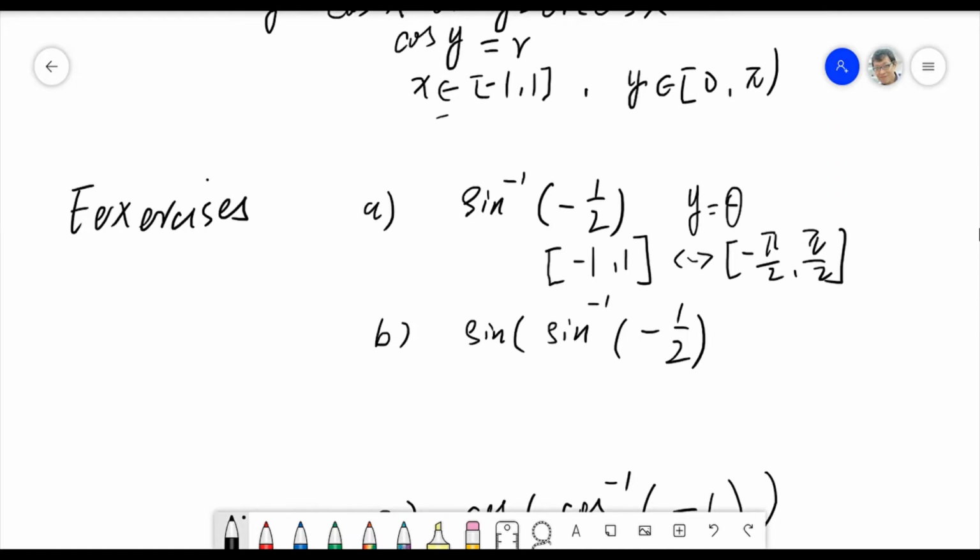Since we remember this, we can write the angle as y equals negative pi over 6. If you want to recall why, remember, let me draw.